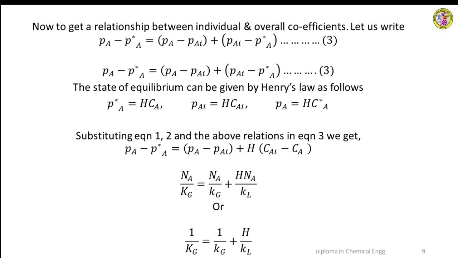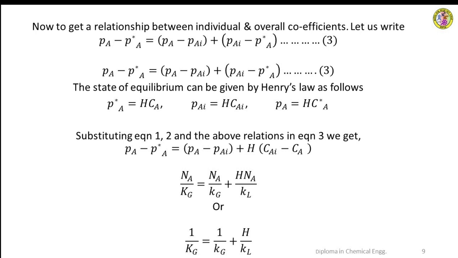For example, Pa star is an equilibrium concentration, the concentration of A in equilibrium with the liquid phase concentration Ca. The relationship between these two is given by Henry's law, which states that Pa star is equal to H into Ca. Here H is Henry's constant.